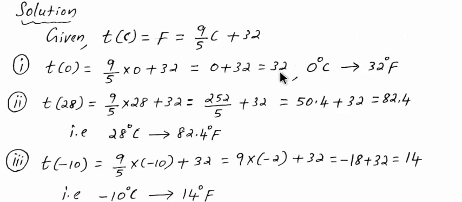That means 0 degree Celsius is equal to 32 degree Fahrenheit.